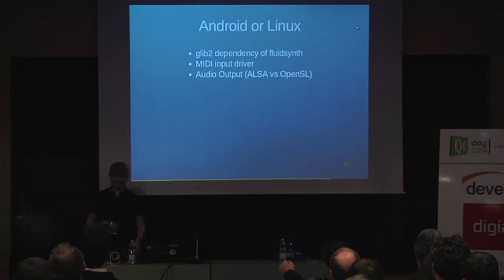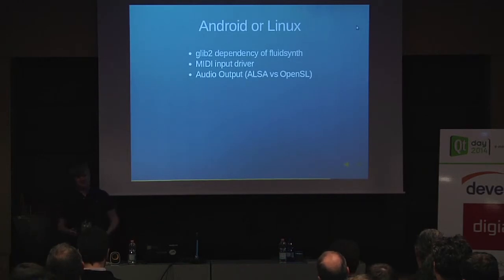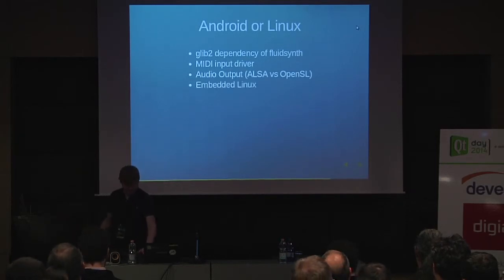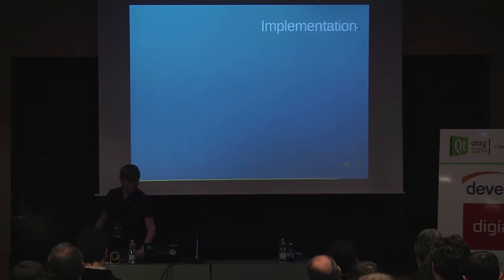Then there's a difference in how you access the low-level part of audio to feed it the audio data: on Linux we use ALSA, and on Android we use OpenSL. Fortunately, since you're using Qt, there's a low latency audio API, and we take care of all those details for you. So I'm just using Qt, and it doesn't matter. In the end, I chose embedded Linux because the glib dependency was so troublesome.